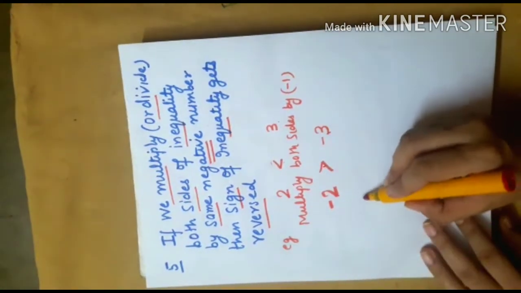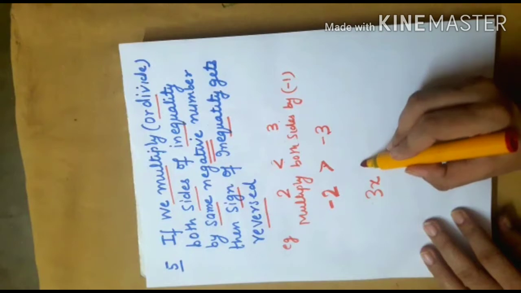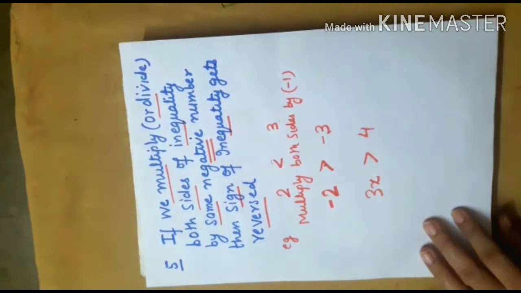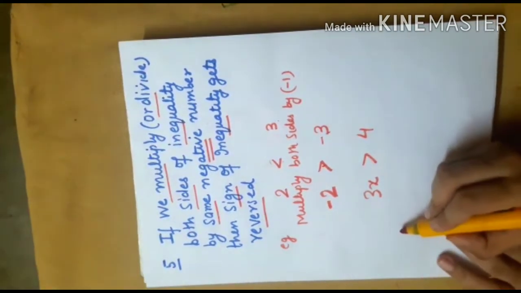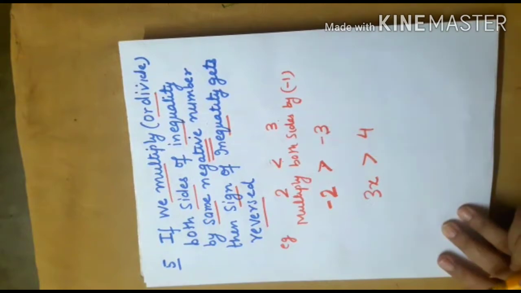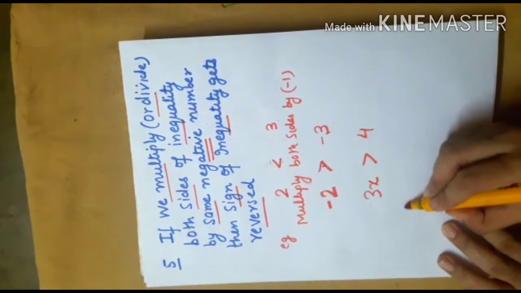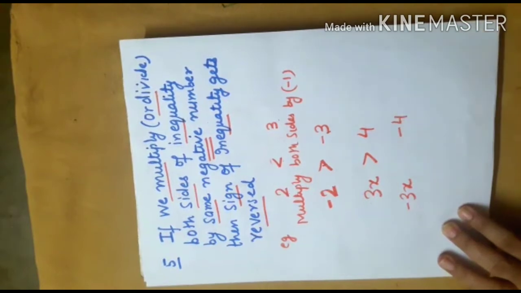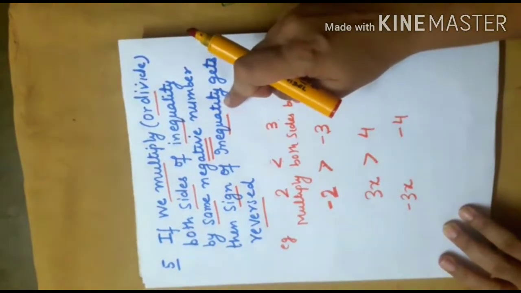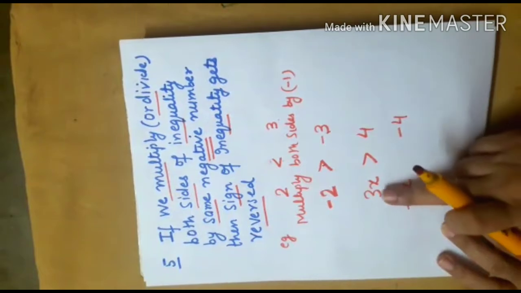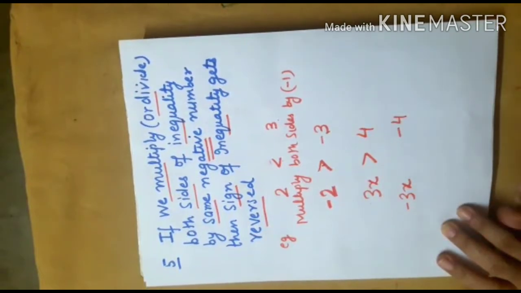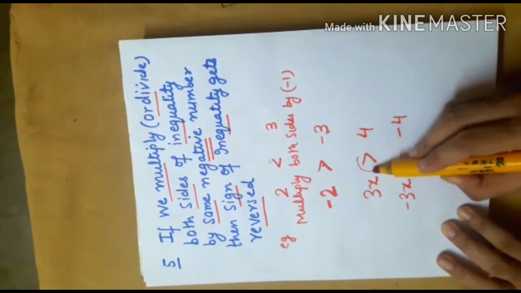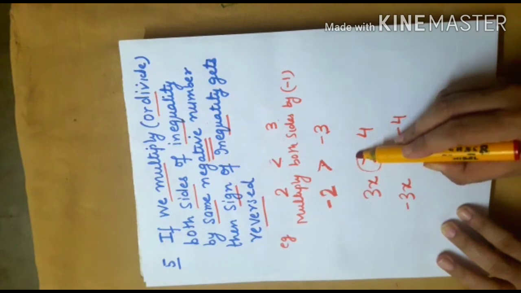Similarly, if I am given 3x is greater than 4, and I multiply both sides by minus 1, here I'll get minus 3x, and here I'll get minus 4. So this rule states that if we multiply both sides by the same negative number, then the sign of inequality gets reversed.